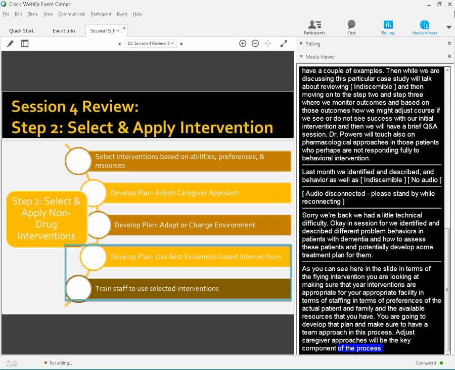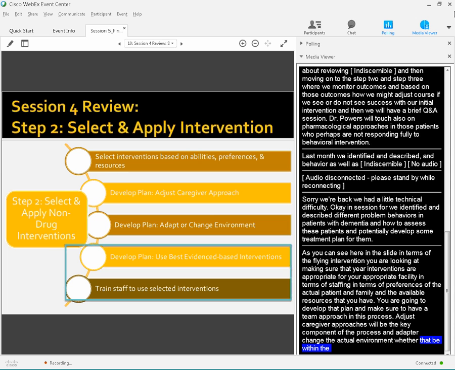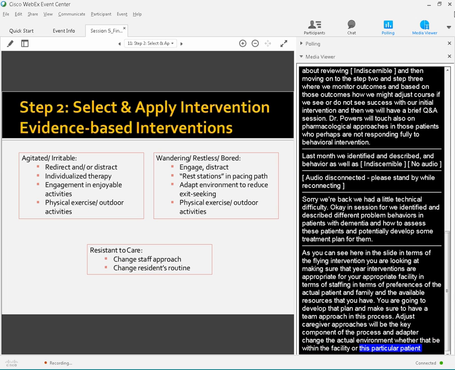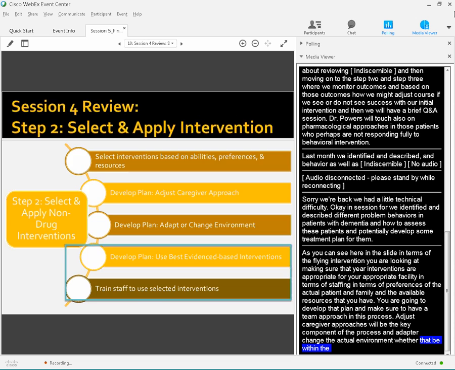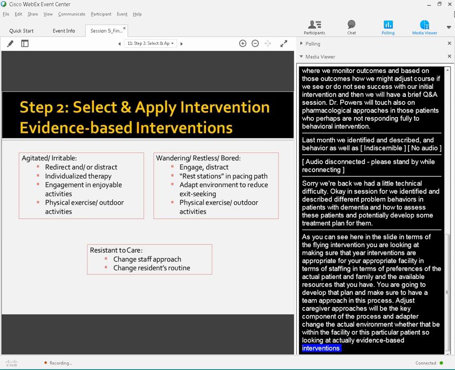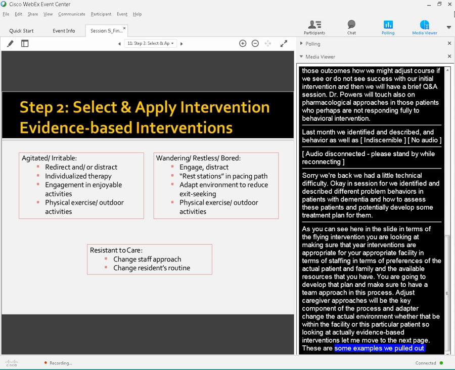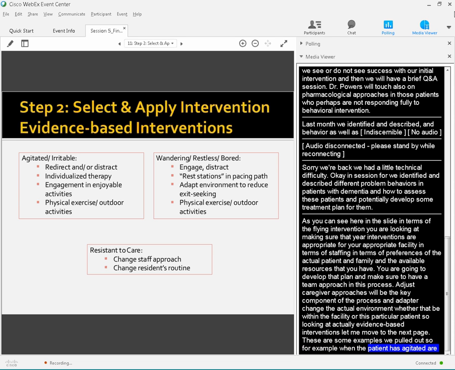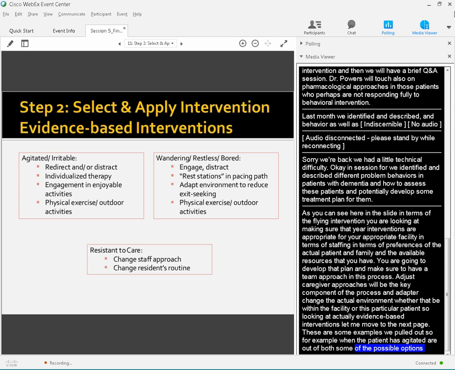So looking at actually evidence-based interventions, let me move to the next page here. These are some examples that we've pulled out. So, for example, with a patient who has agitation or is irritable, some of the possible options in terms of working with them in a non-pharmacological manner is to either redirect or distract them.